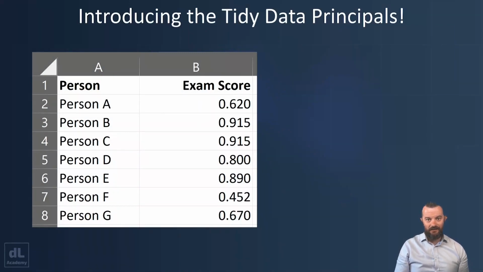It is clean because it adheres to the standards of a tidy data set. Each observation is its own row, so each individual exam score is its own row in this data. Each variable is its own column, and each value is its own cell. We can also see in this example that all of the exam scores are of the same data type. They're a 3-point decimal number.